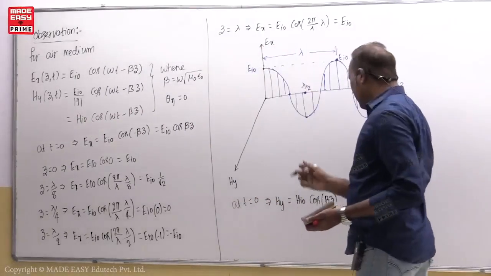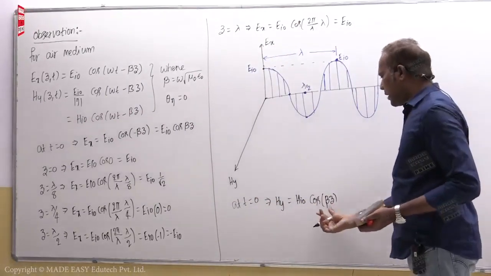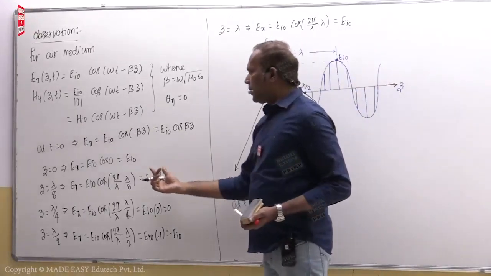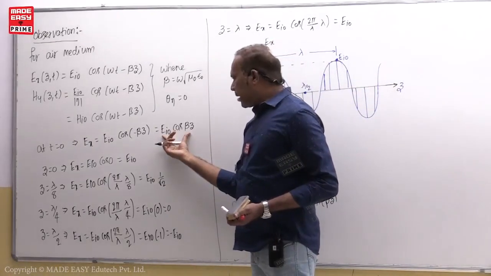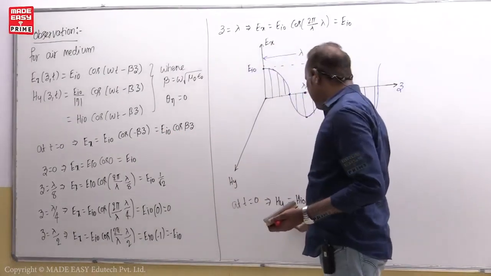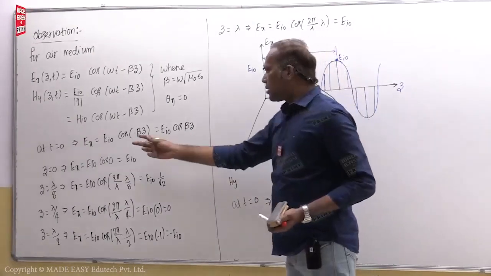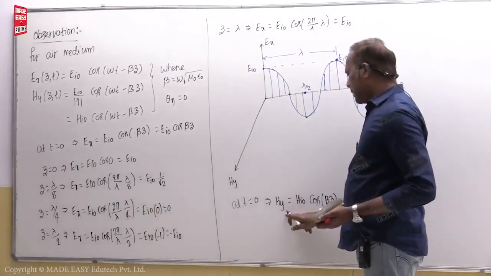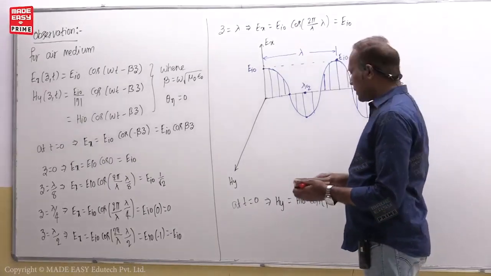Cos of minus beta z, you get cos of minus theta is cos theta. So this is similar to this equation only, but here in place of EI0, HI0 is there, and this direction was the x direction, but this direction is the y direction.